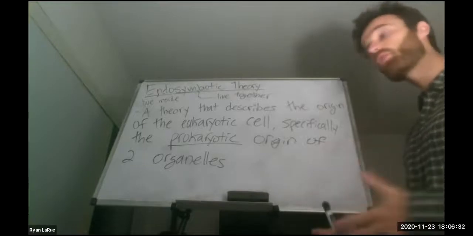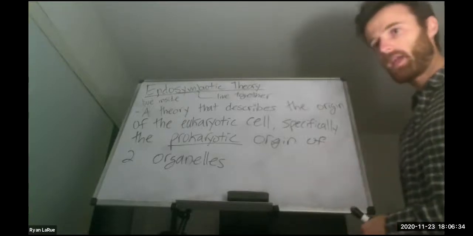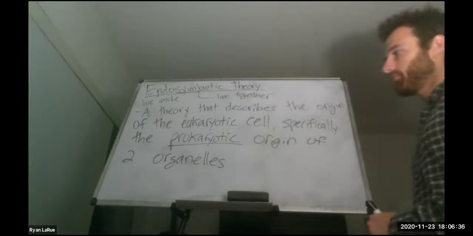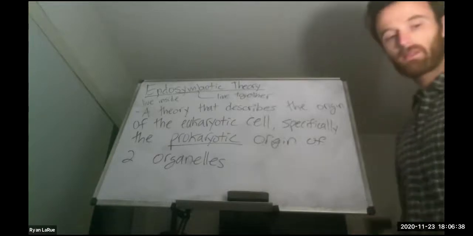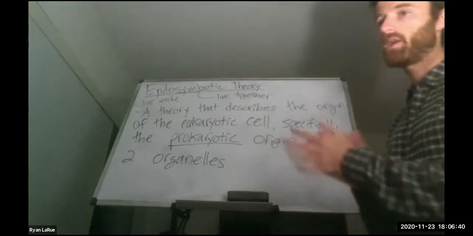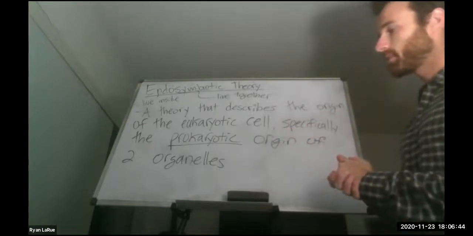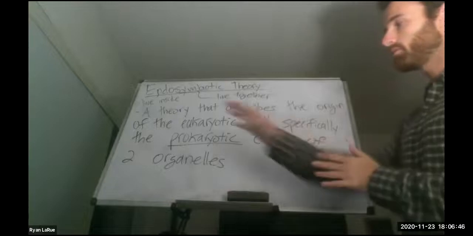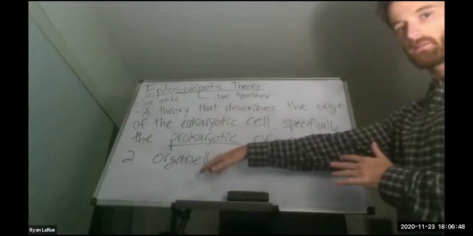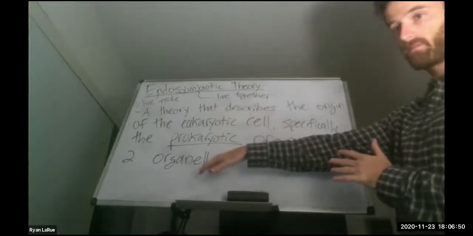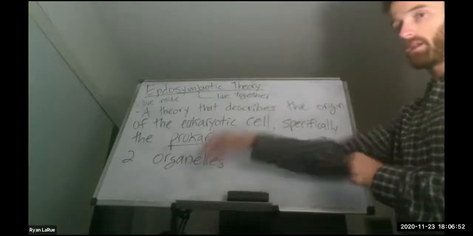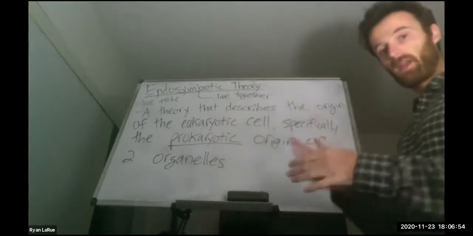These are all prokaryotic. And the endosymbiotic theory is saying, and what we're going to write down and take a look at, is that first, the two organelles being referred to here are the mitochondria and the chloroplasts.